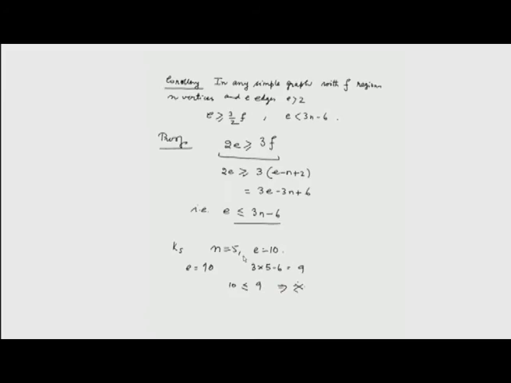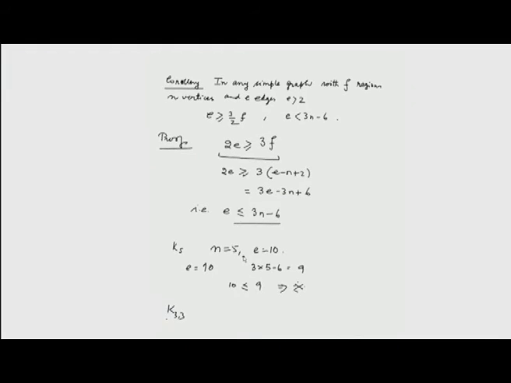If I now look at the second graph of Kuratowski, we will see that this is K 3 3, and so in this case E is equal to 9 and n is equal to 6.